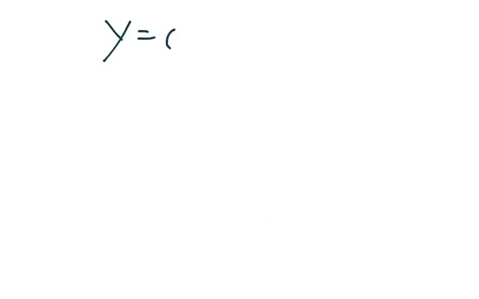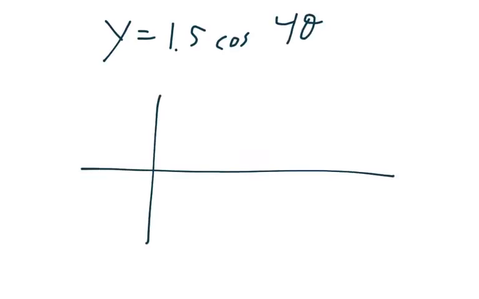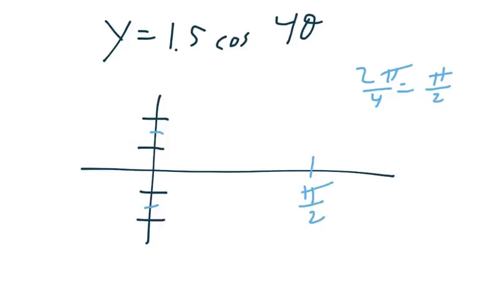For number 3, we get 1.5 cosine of 4 theta, which means that the amplitude is 1.5. So I'm basically going to go at those two tick marks, which are in between 1 and 2, and 2 pi divided by 4 equals pi over 2. So my last tick mark is going to be pi over 2. 1/2 divided by 2 is 1/4.